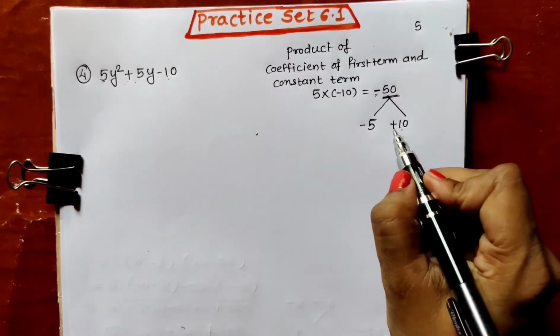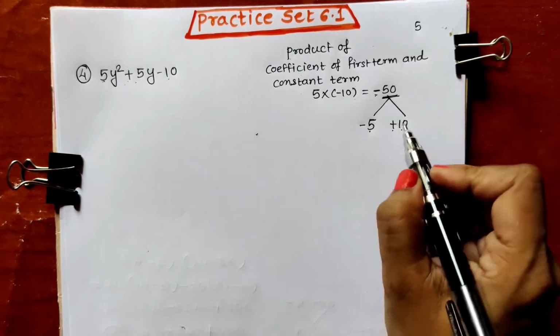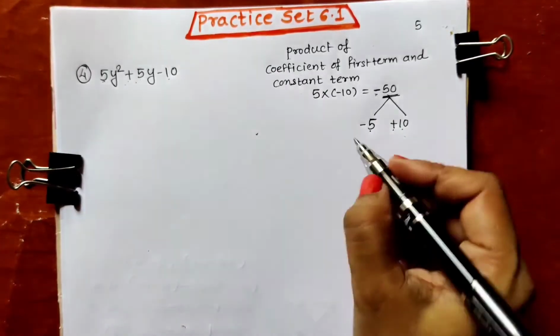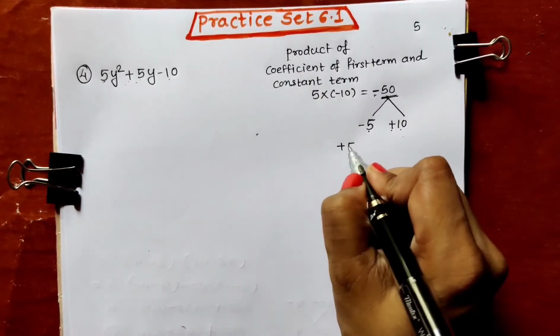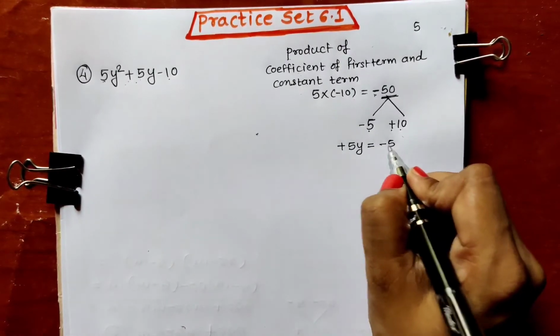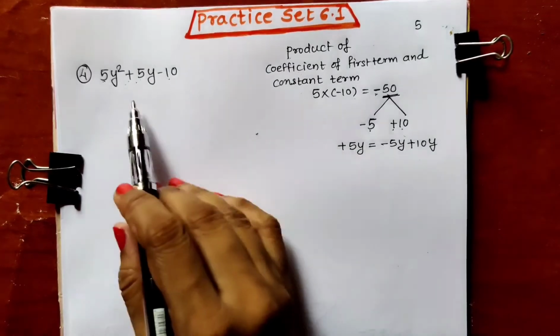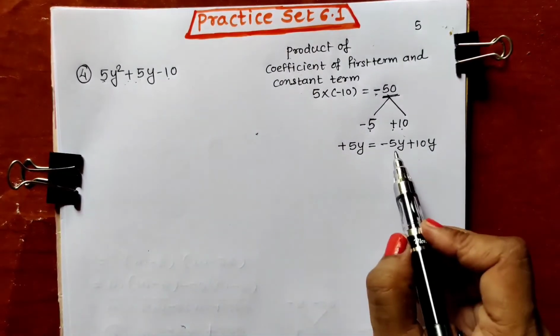If bigger factor gets plus sign, the smaller factor will get minus sign. So this middle term can be expressed as plus 5y, can be expressed as minus 5y plus 10y. So middle term we can split into two terms in this way.